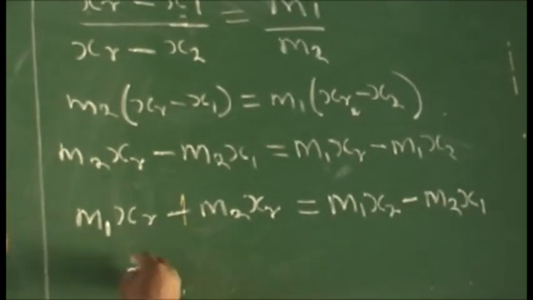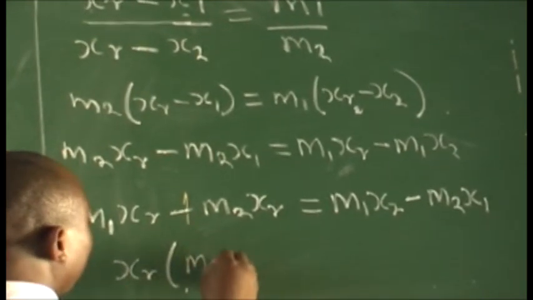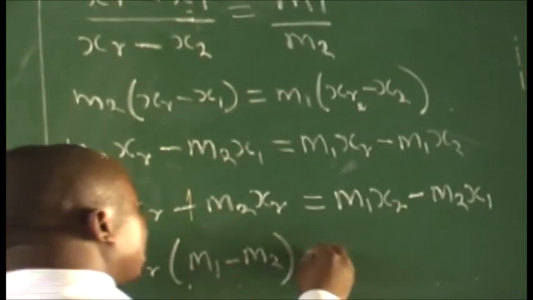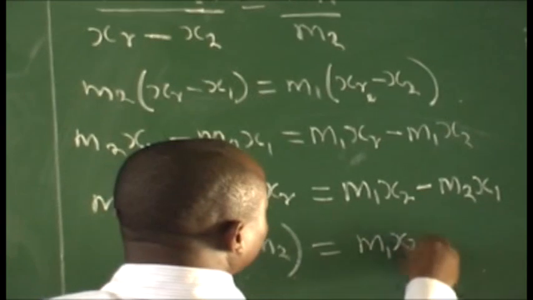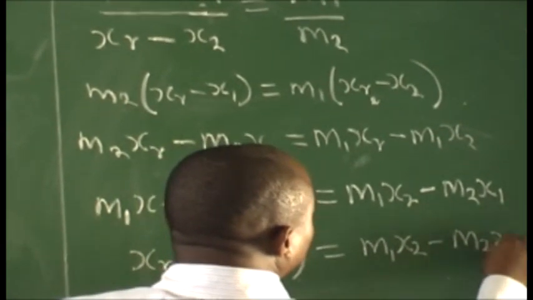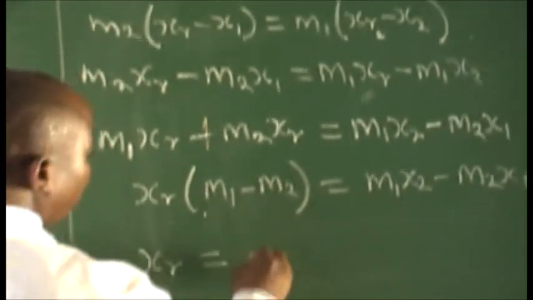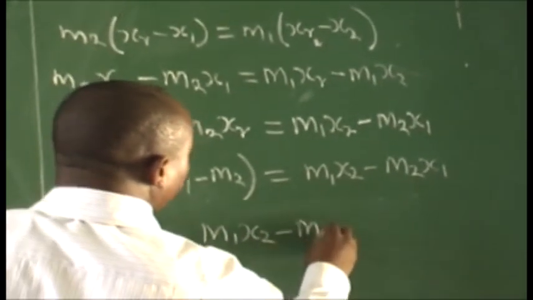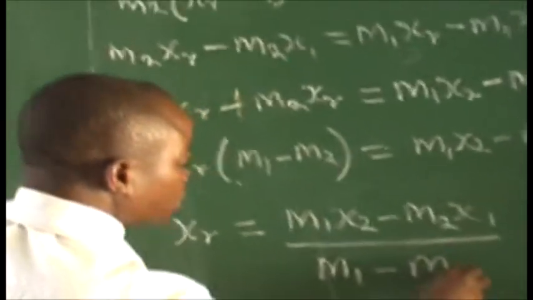Now, I'm going to factor out XR. If I factor out XR, I will have M1 minus M2, which is the same as M1 X2 minus M2 X1. So to make XR subject of the formula, I will have M1 X2 minus M2 X1 all over M1 minus M2.